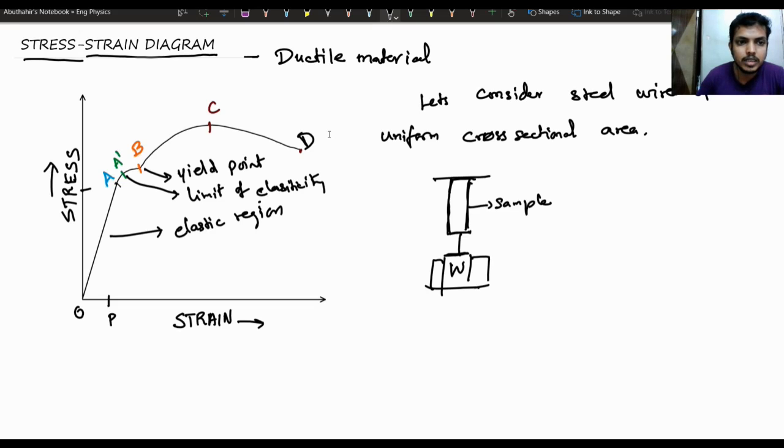If I increase the stress above this A dash, it will go to the yield point. Once I take the material to this point, it will not come back to its original point O. Instead it will come to P. This O to P is the permanent set.